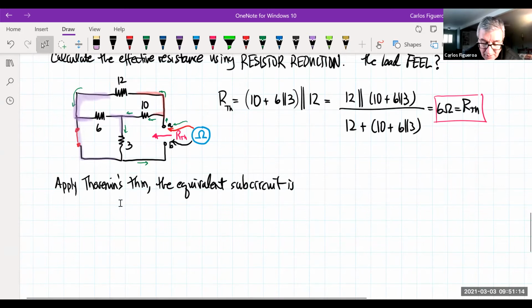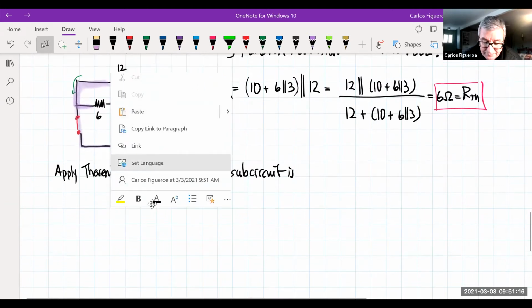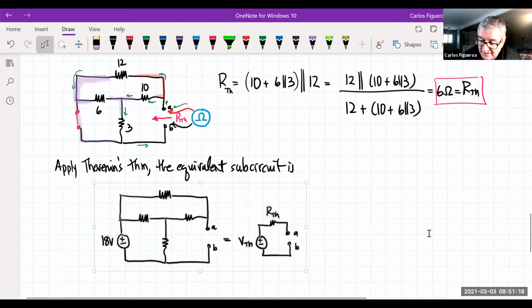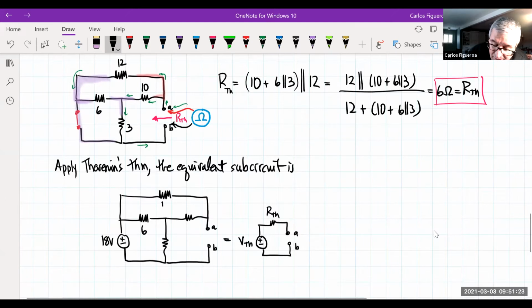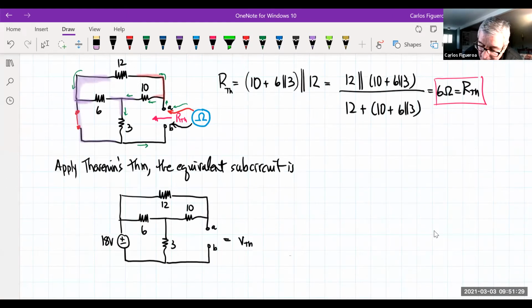I'm going to paste this guy in here, and now I have values: this is 6, 12, 3, 10. And I calculate VTH. What's VTH? Well, we calculated that already, and we saw that it was 12 volts.